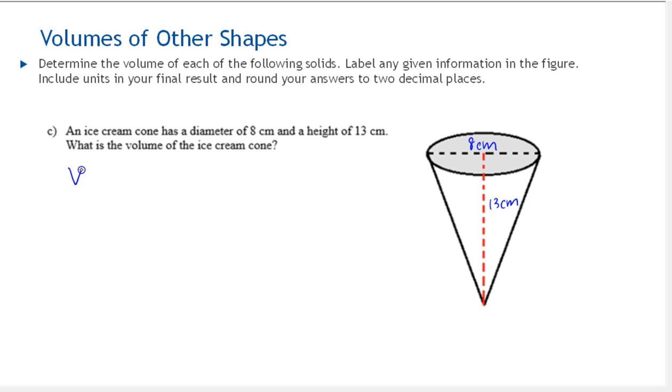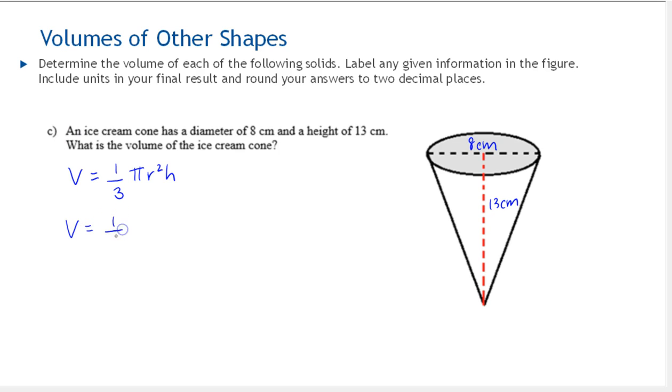Now our formula for the volume of a cone, again this is similar to a cylinder. We're just going to basically take 1/3. If this was a cylinder, 3 of these would actually fit in a cylinder. So it's 1/3 of a cylinder, which is 1/3 times pi r squared h. So 1/3 times the area of the base times the height.